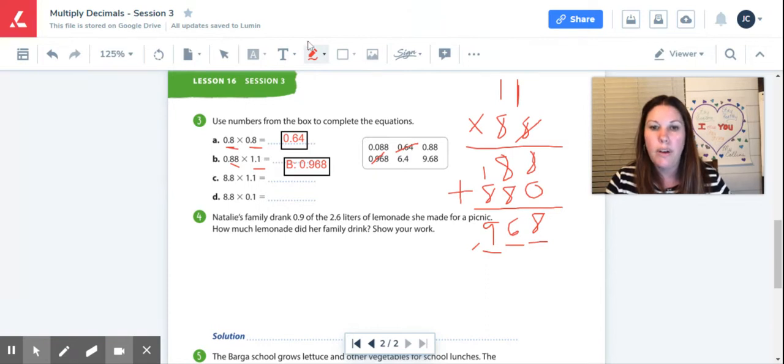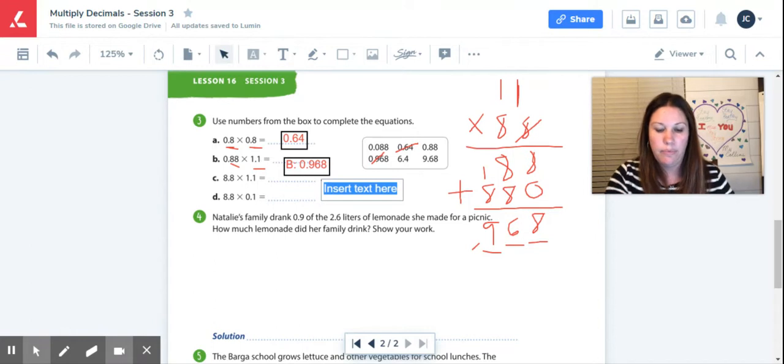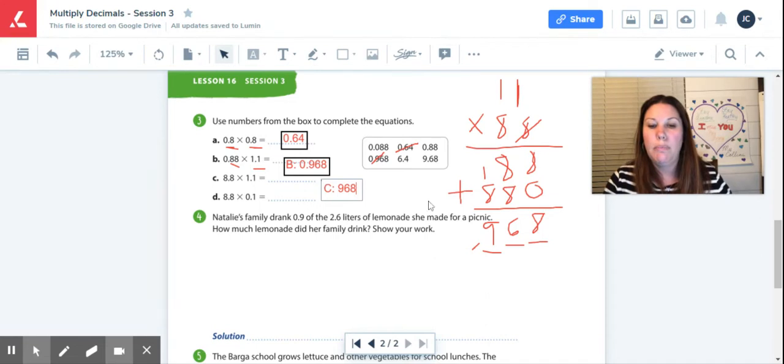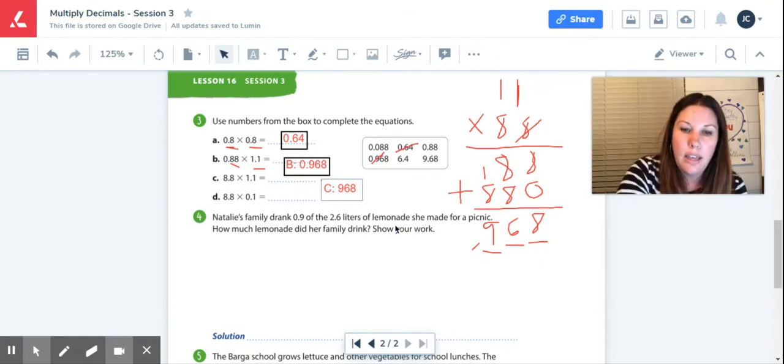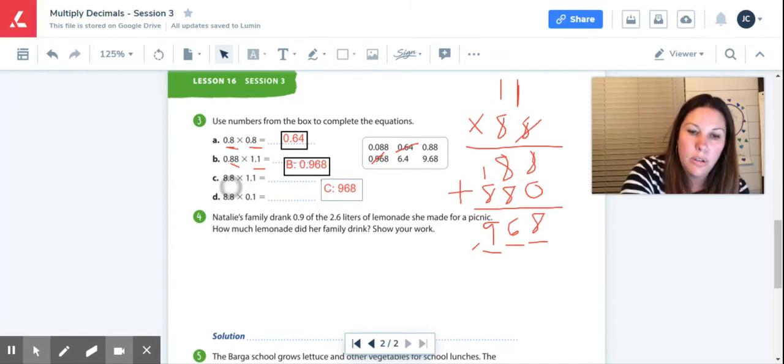So I'm going to go ahead and type in letter C is 968 for right now. And now we're going to go back to counting the decimals. How many spaces come after the decimal? For letter C, we have 1 after 8. So it's 8.8, so there's 1.